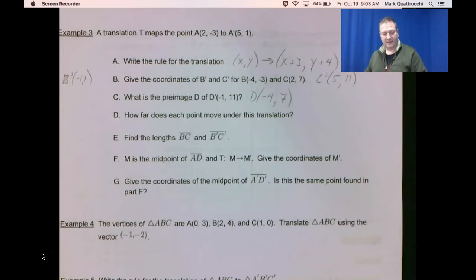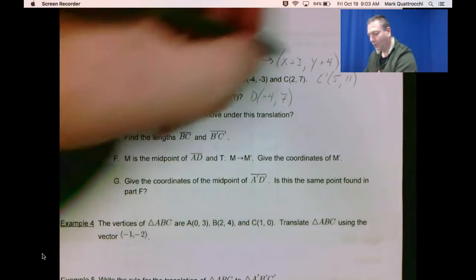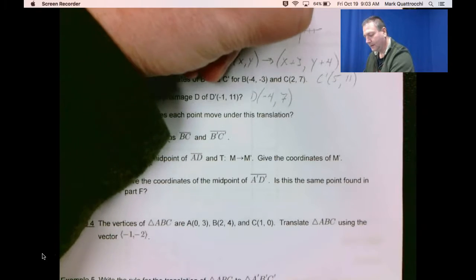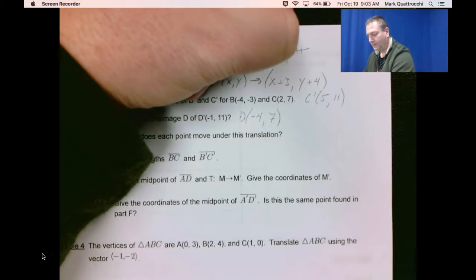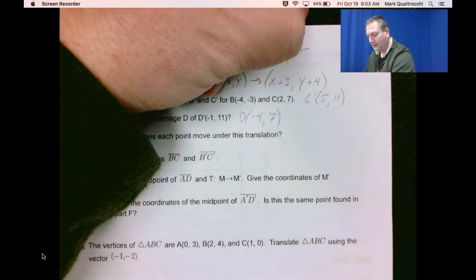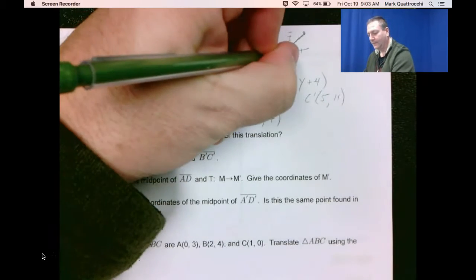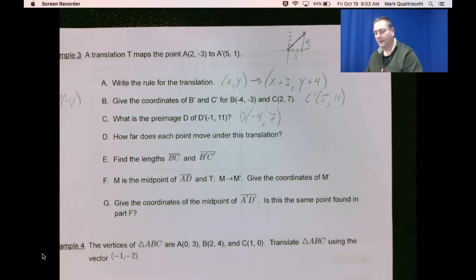How far does each point move under this translation? So if we go to the right 3 and up 4 from any point, if we went from here to here, how far have we traveled? 3, 4.